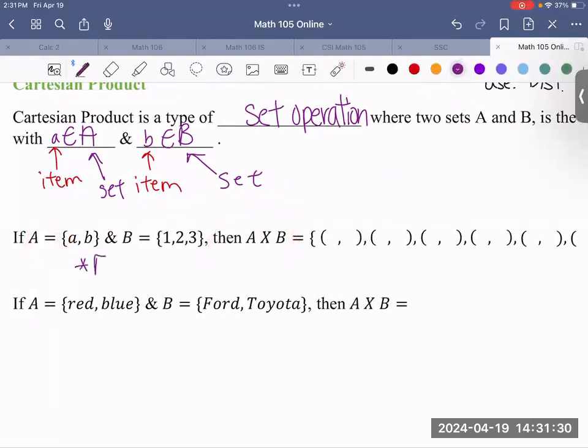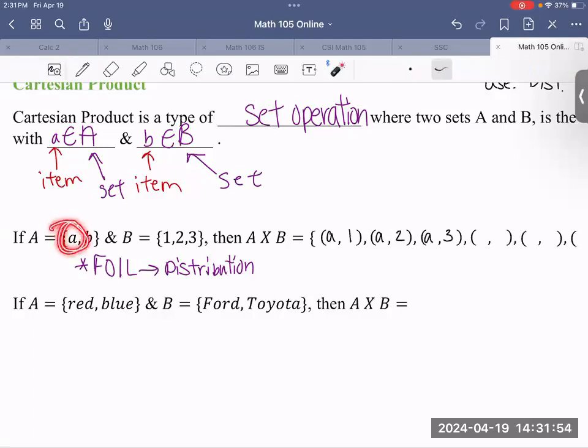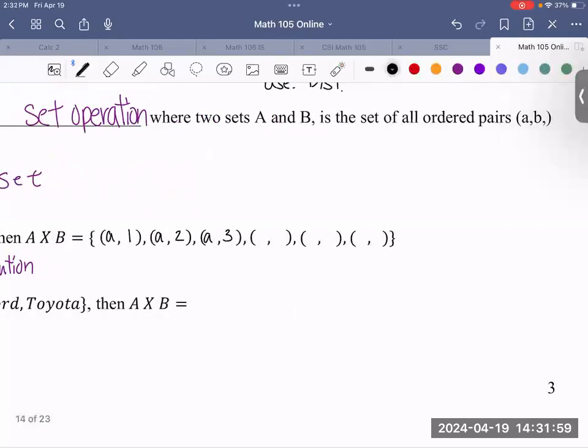Thinking about what you perhaps did back in an algebra class where we tried to FOIL, right? Distributing is exactly what we're going to be doing. So a1, a2, a3. Every single element of this A is found and paired with this B. Doing it again, we get b1, b2, b3, and then we're done.